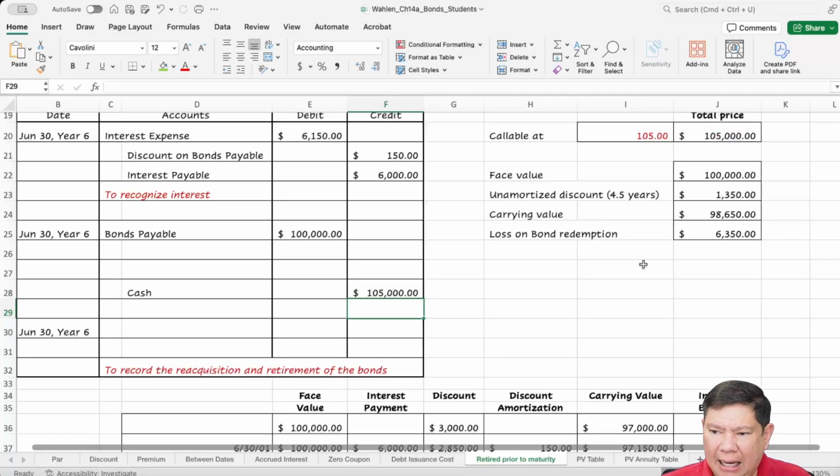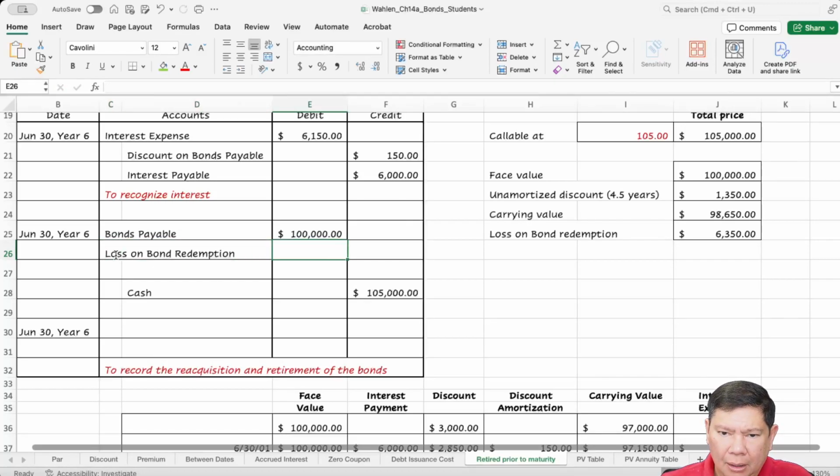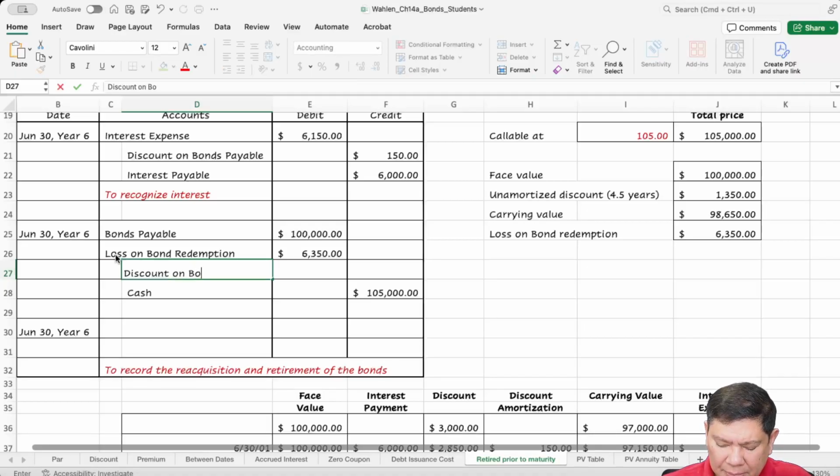Okay, and then the company will have a loss on bond redemption, which is 6,350, and close the discount ending balance equals this one.